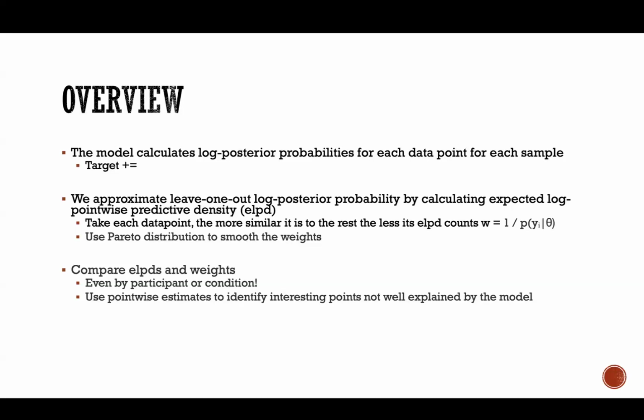Alternatively, one could do the same kind of process by participant or by condition. That's a good way of trying to identify participants, data points, or structures in the data that are described differentially well by different models.